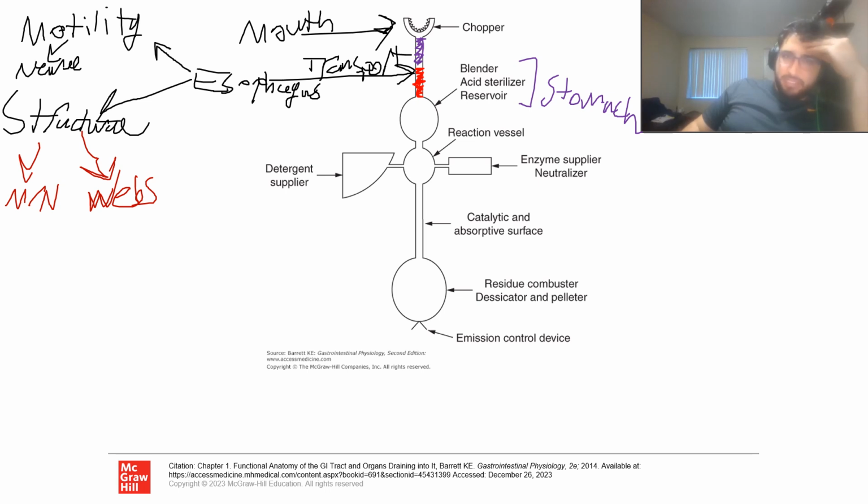But yeah, the stomach is involved in these functions, and there are some things that can go wrong. You can have too much acid, which can happen with Zollinger-Ellison syndrome, which we'll talk about later. If you think about its role as a reservoir, you can target that in obesity with those procedures I mentioned earlier.